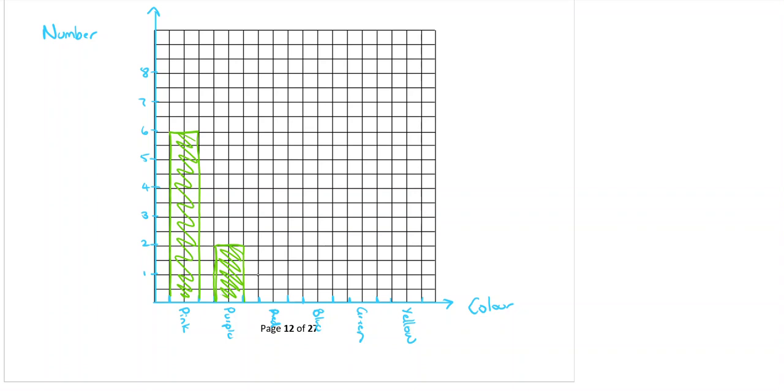Red was 1. Blue was 8. Green is 2. And yellow is 5.